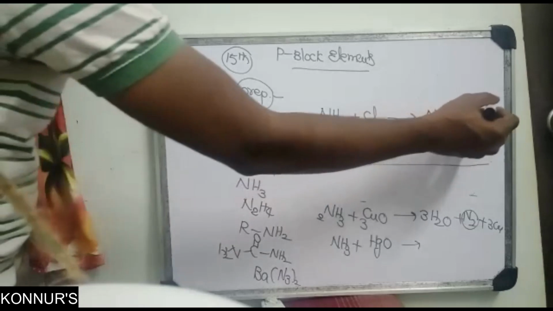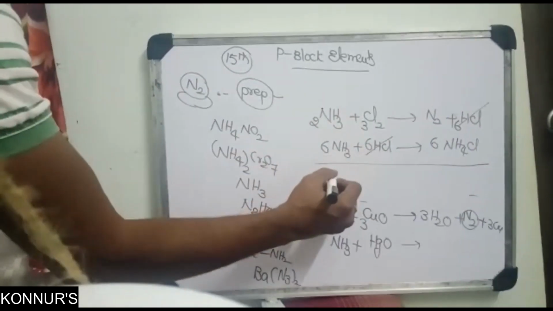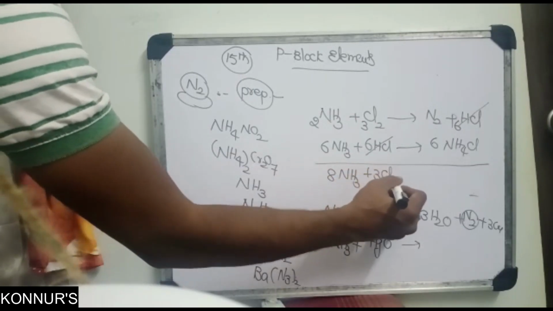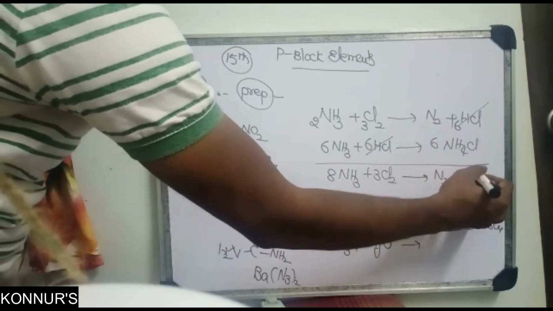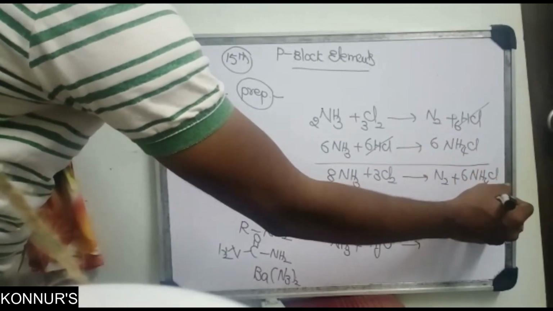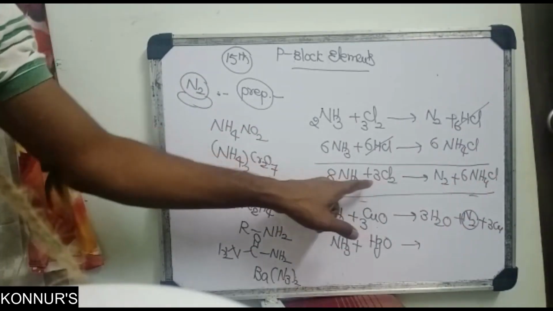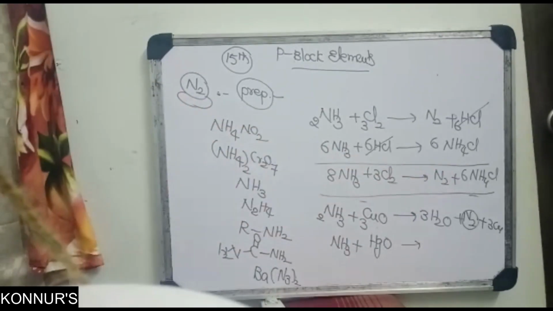Here 6 HCl and 6 HCl cancel. So 8 NH3 plus 3Cl2 gives N2 plus 6 NH4Cl. That means chlorine reacts with excess ammonia, and your answer is N2.